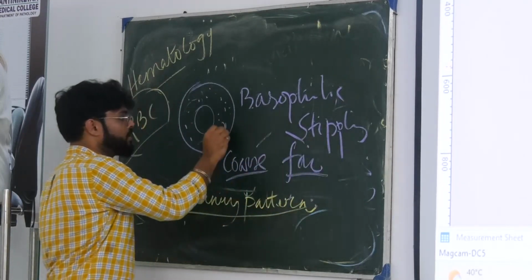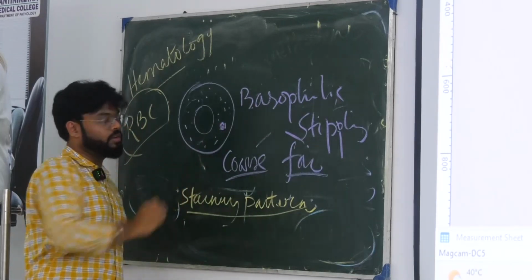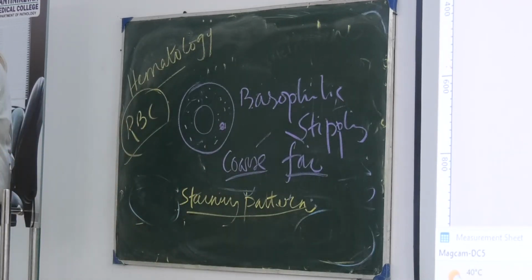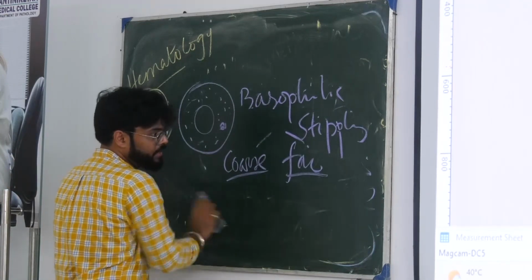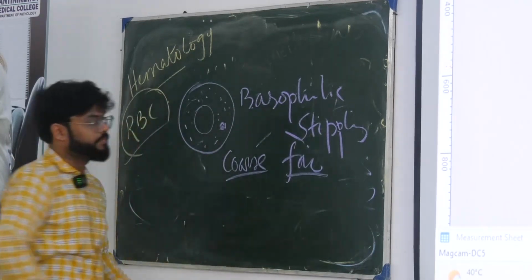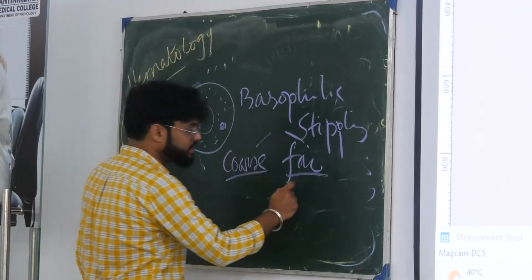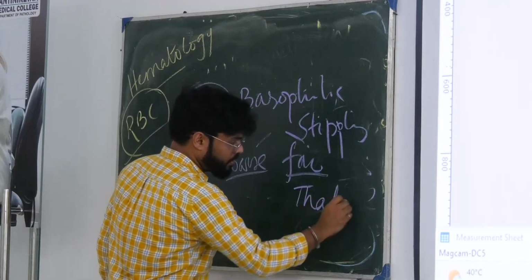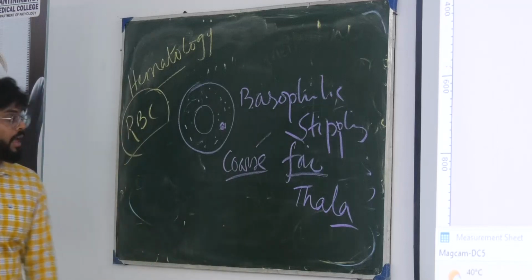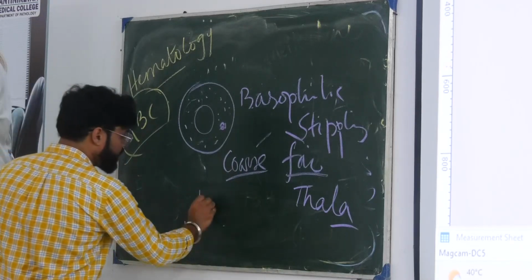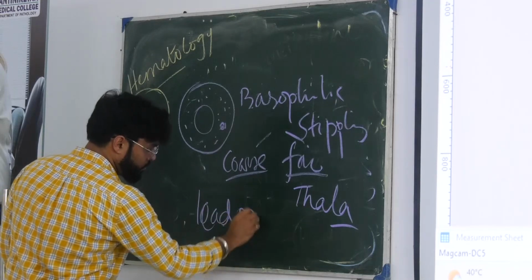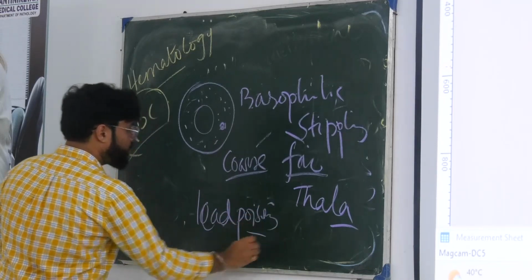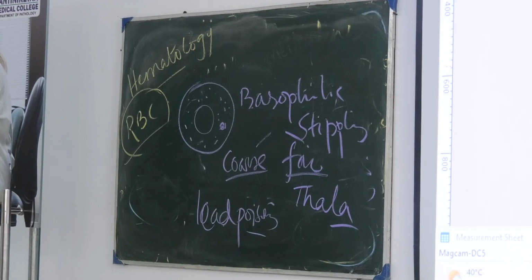Coarse means large dot, fine means small dot. Fine basophilic stippling is usually seen in thalassemia, and coarse basophilic stippling is present in lead poisoning. Okay, lead poisoning.